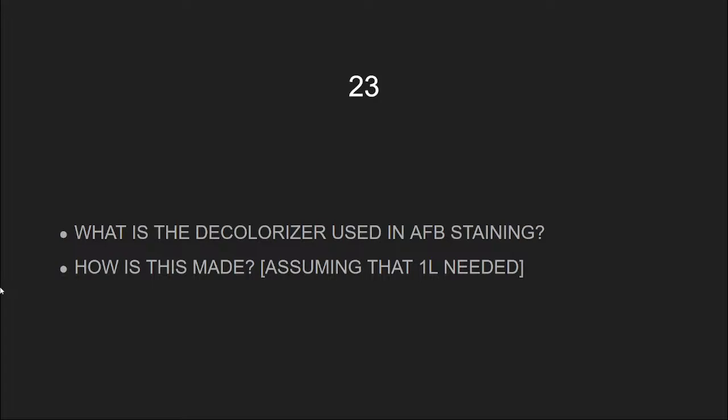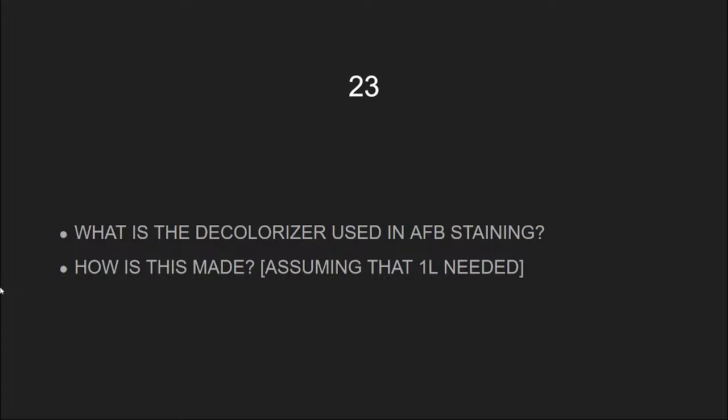The AFB lab is separate from the main bacteriology lab. Why? Because open flame won't work, since the oxygen has a fast turnover. We'll talk about that when we go to the biosafety cabinets, or rather, the biosafety labs.